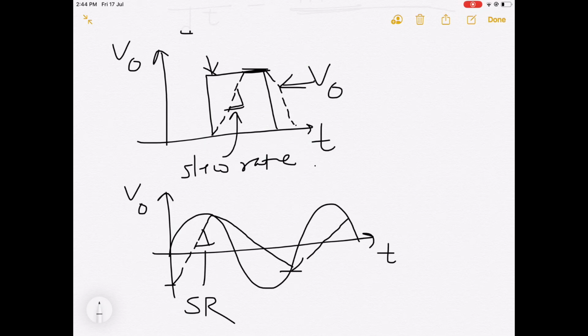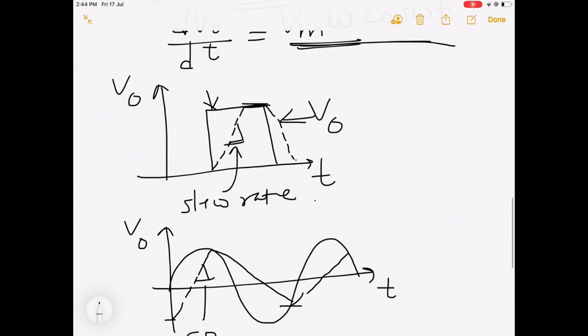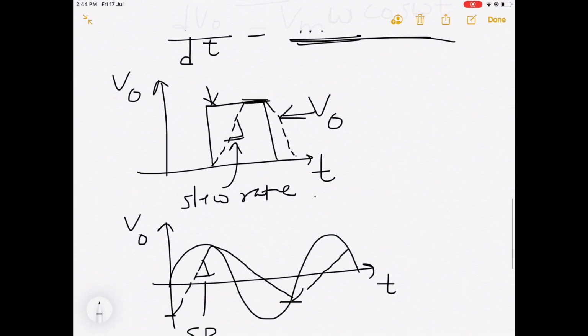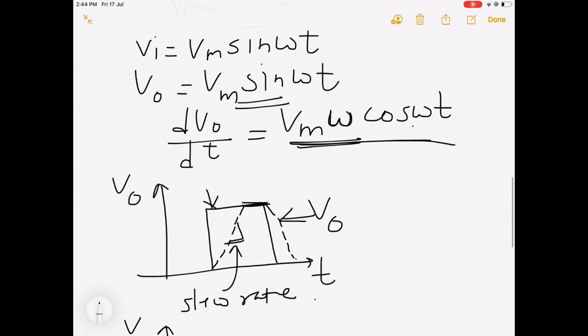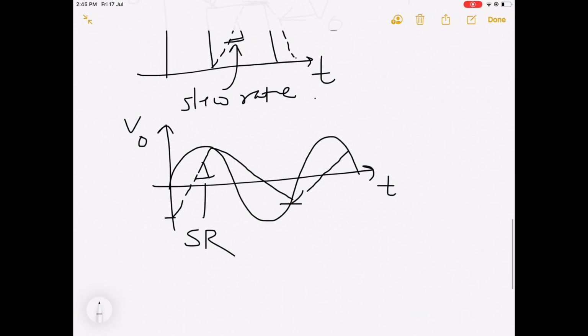As we have seen, dVo by dt is nothing but Vm omega cos omega t. So the maximum rate of change of the output occurs when cos omega t equals 1. So for this, keep the value as 1 here.